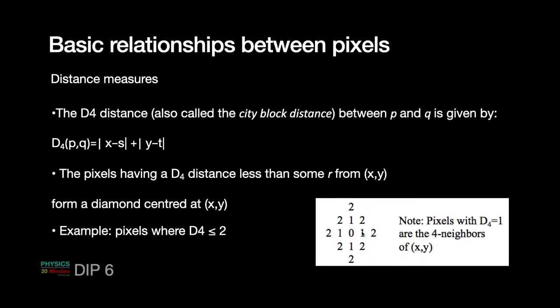So from every pixel I can go up, down, right, left. Since I'm coming from the left, I will not go to the left. I can go this way and this way also. Similarly, from here I can go this way and this way. So these are my pixels which are also at a city block distance of 2 from the center.